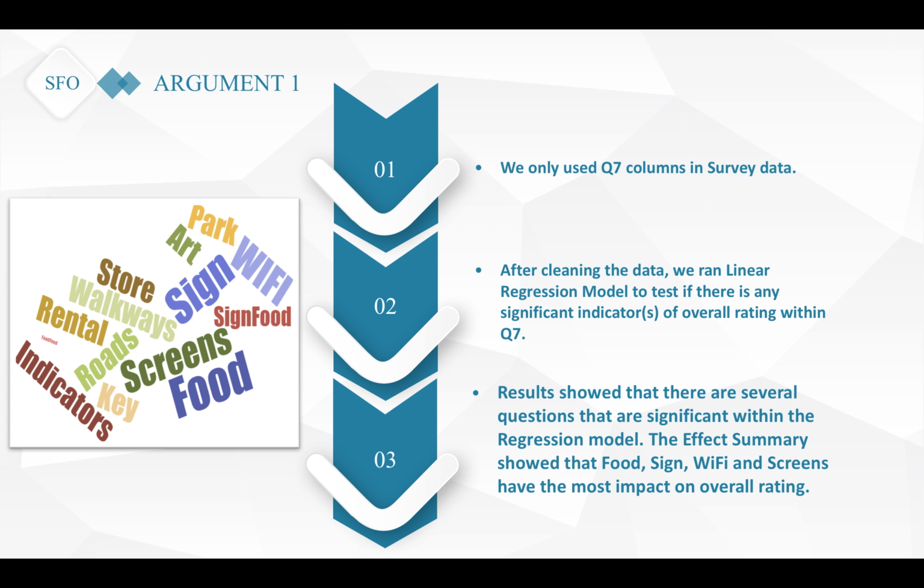All these factors are statistically significant, and the effect summary shows that food, sign and direction in SFO, free access to Wi-Fi, and information on screens have the most impact on overall rating. In other words, while customers rate the overall satisfaction, they will more likely consider these questions as significant criteria for the overall satisfaction.